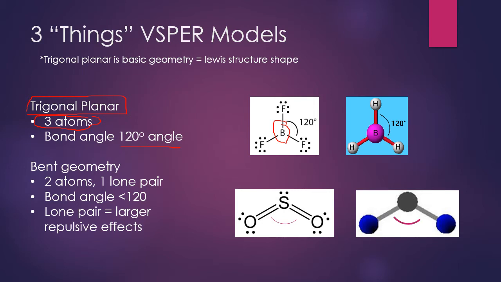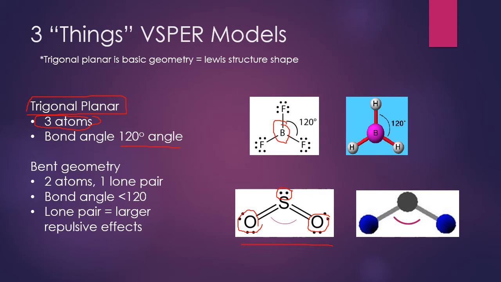Now imagine taking that shape and removing one of the fluorines. If I removed an atom and replaced it with a lone pair, what we're going to get is a bent geometry, as shown in this sulfur dioxide example. So here we have sulfur. It has 3 total things around it: one oxygen atom being one thing, the other oxygen atom being another thing, and the third thing is a lone pair on the sulfur itself.